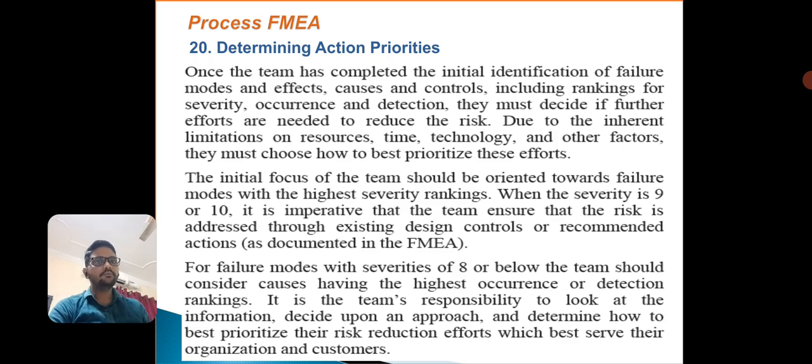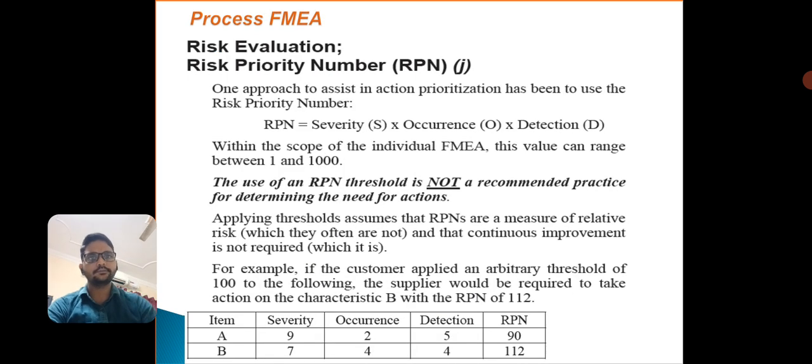For failure modes with severity of 8 or below, the team should consider the causes having the highest occurrence or detection ranking. It is the team's responsibility to look at the information, decide upon an approach and determine how to best prioritize their risk reduction efforts, which best serve the organization as well as the customer.